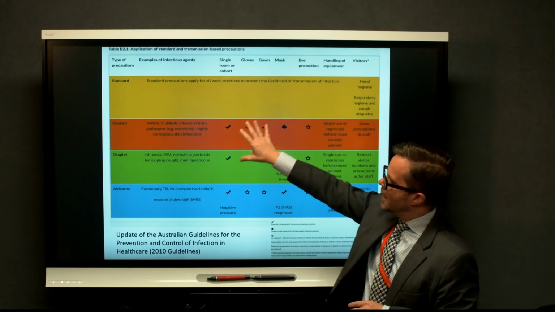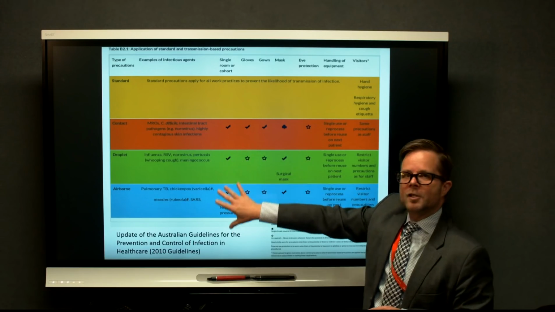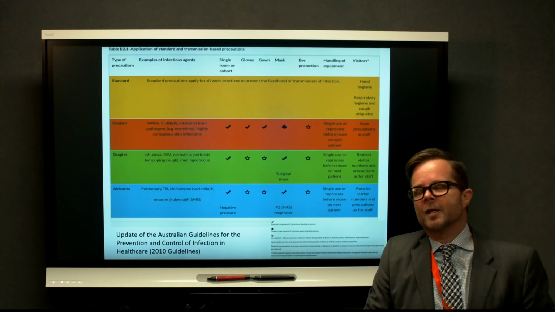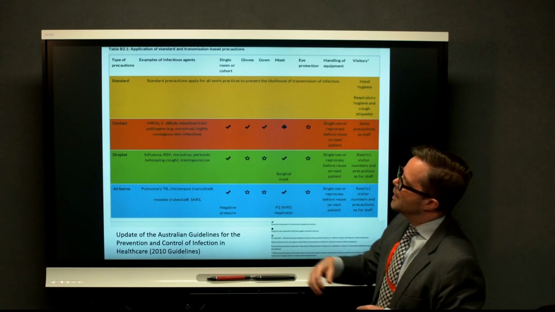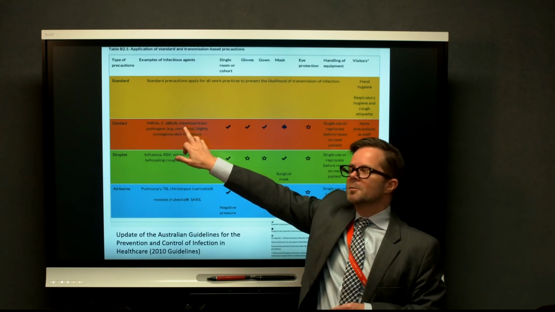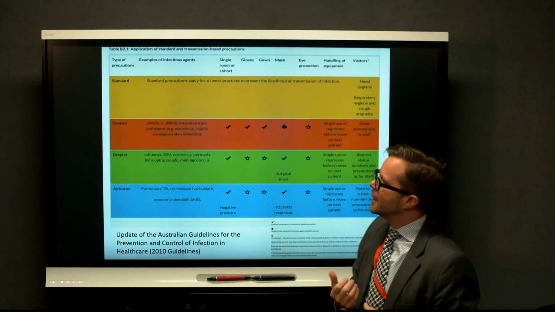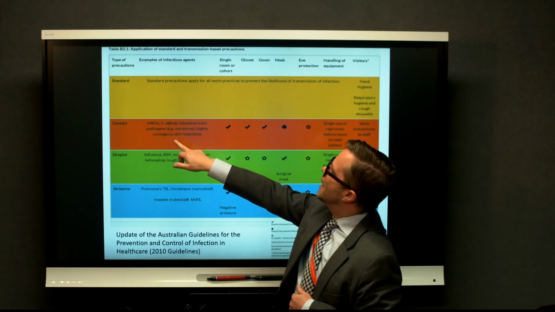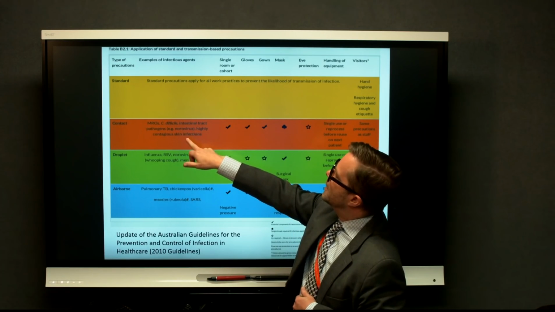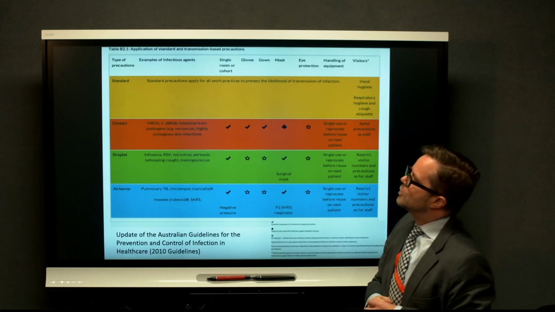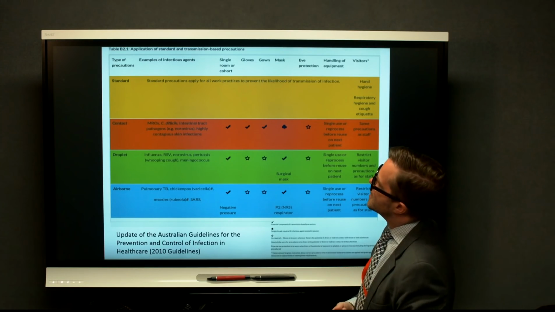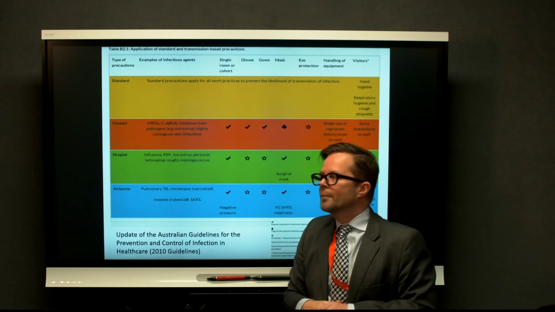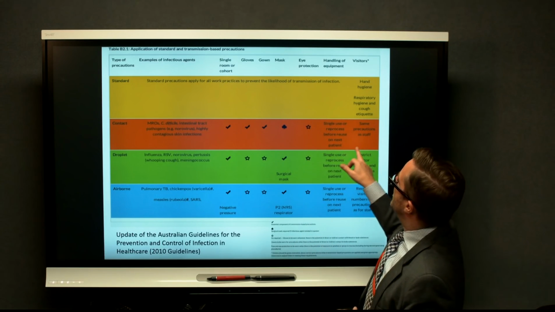However, these are the infection types that we might then use transmission-based infection procedures for. So multiple resistant organisms, for example, are becoming problematic. They've got a couple of examples here of particular types of intestinal tract infections like norovirus and highly contagious skin infections. But these are not common.